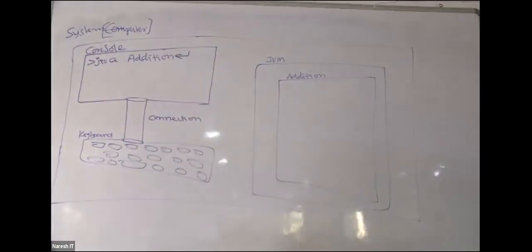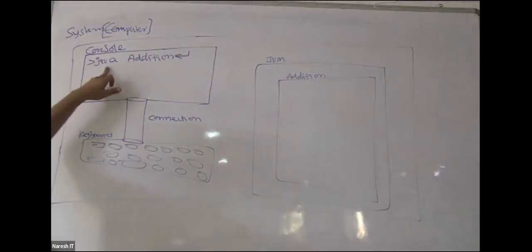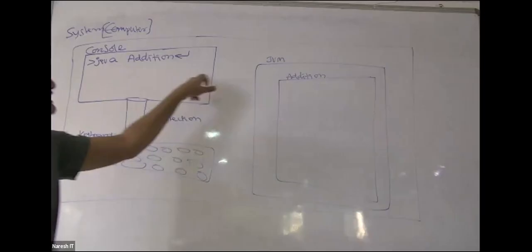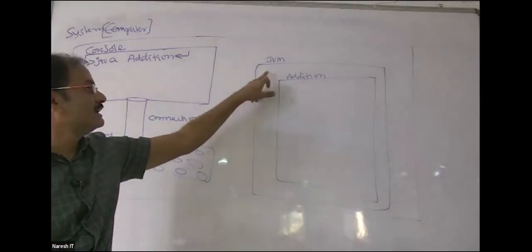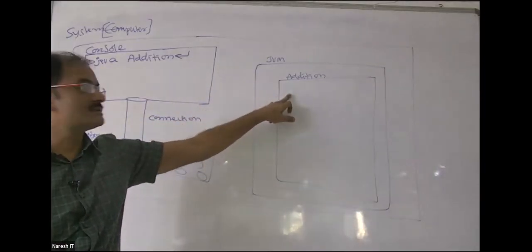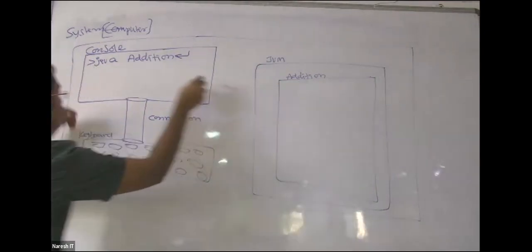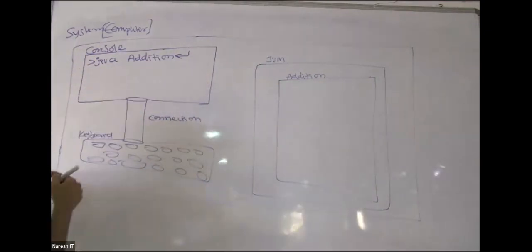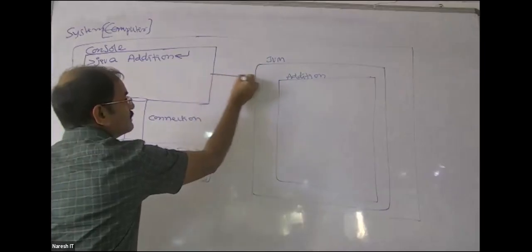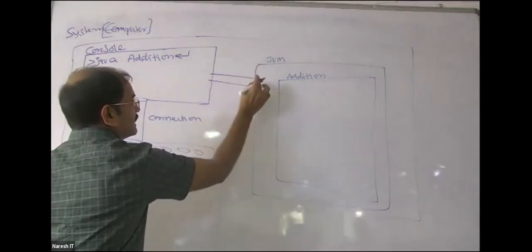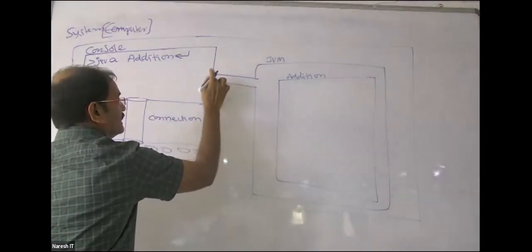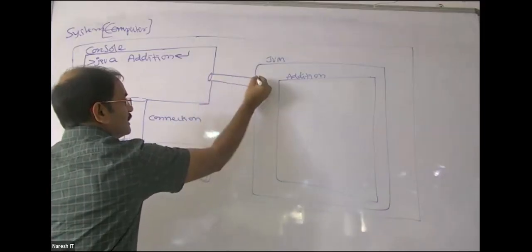Observe what happened in the background. The moment I type Java Edition, control comes to where? JVM. Inside the JVM, we have the Edition class. Now, the moment the JVM starts on this console, how many connections are opened? By default, 3 connections are opened.